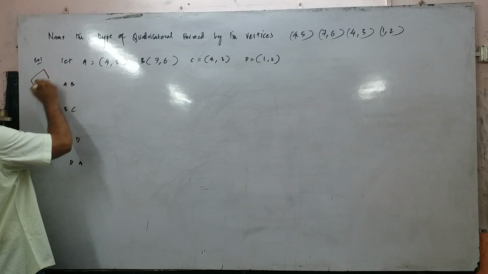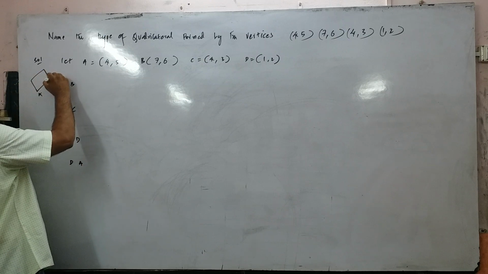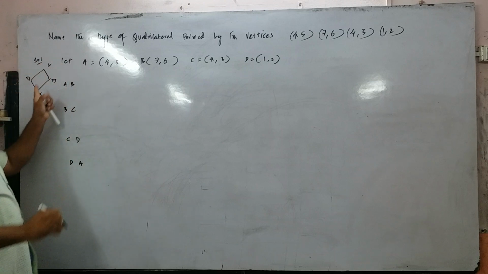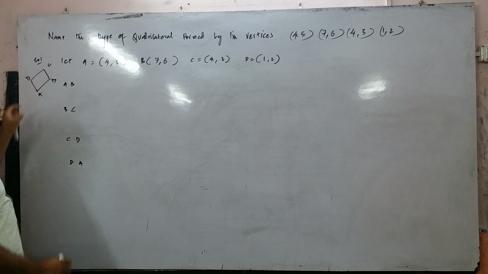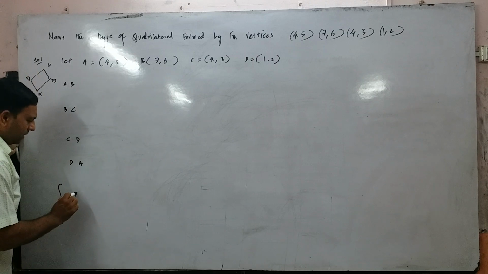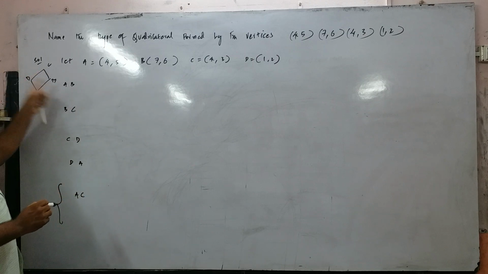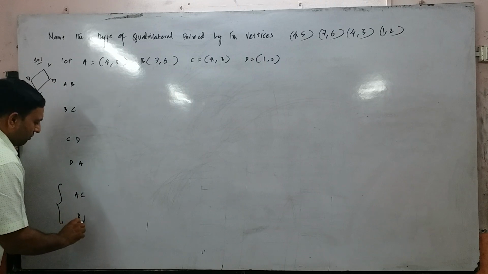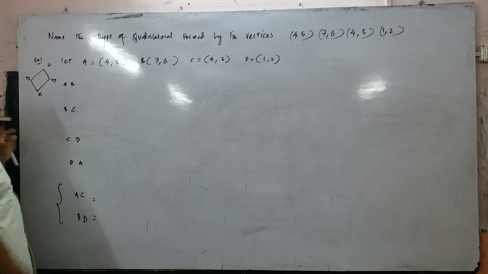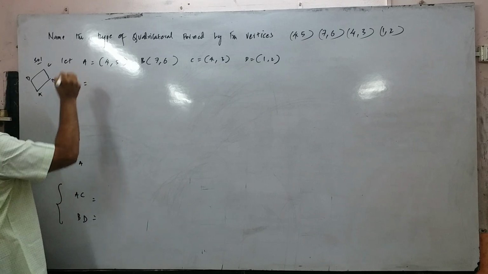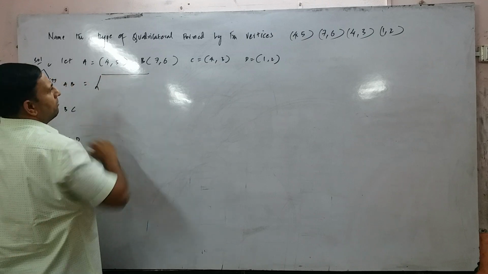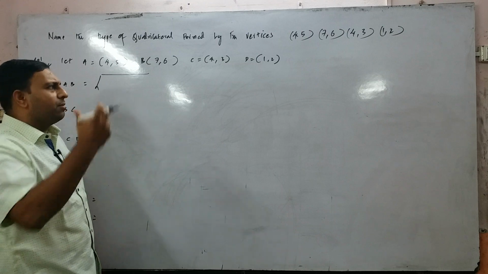Some imaginary figure I am taking, ABCD. After that, we will find the two diagonals, distance AC and distance BD. Based on the values we obtain, we will decide what kind of figure is formed. I am going a little fast because we have already discussed this in the previous class.